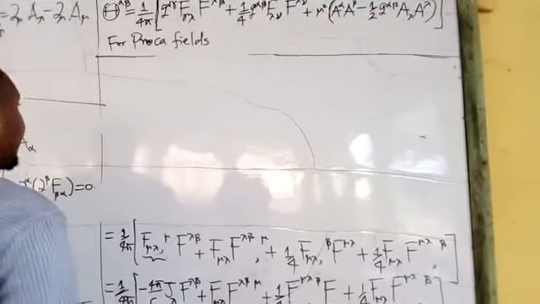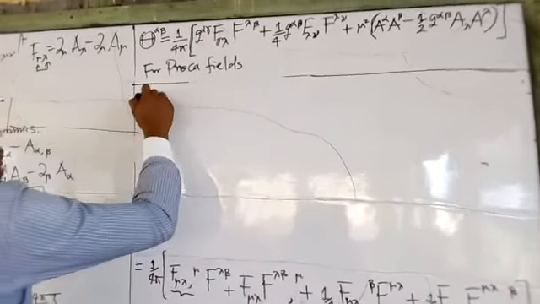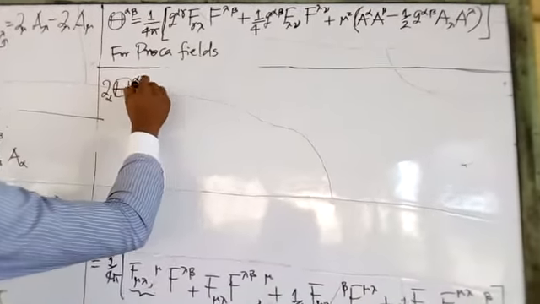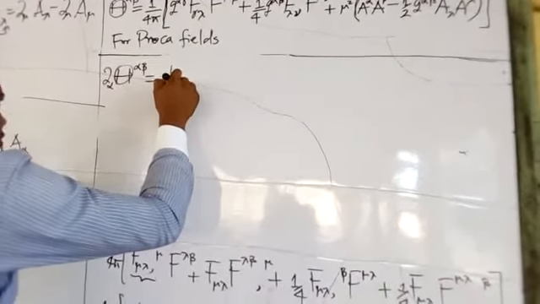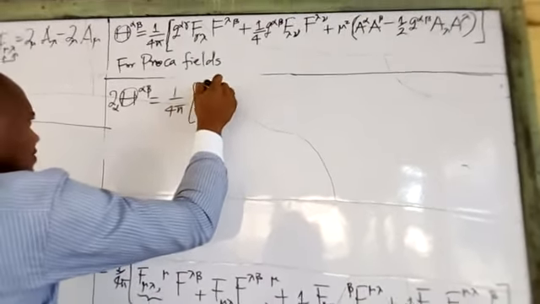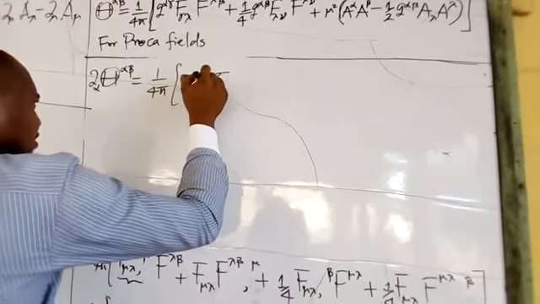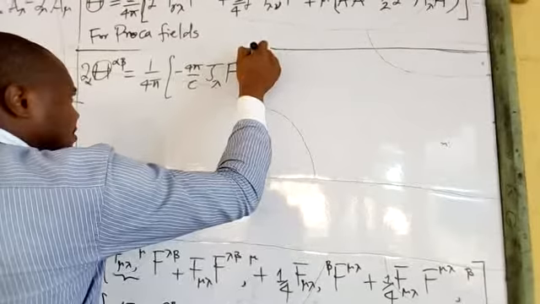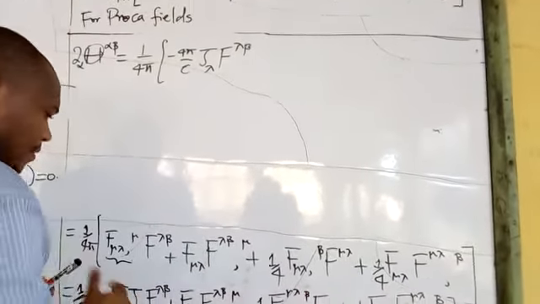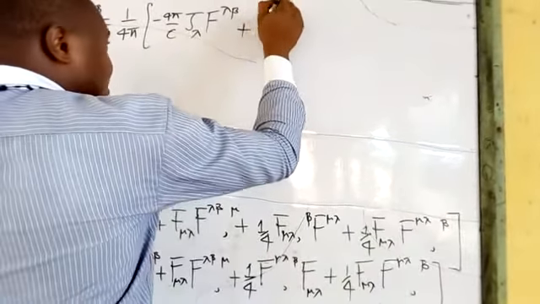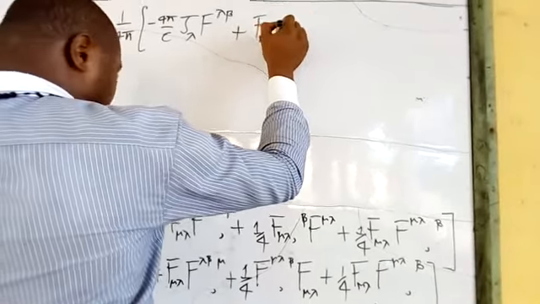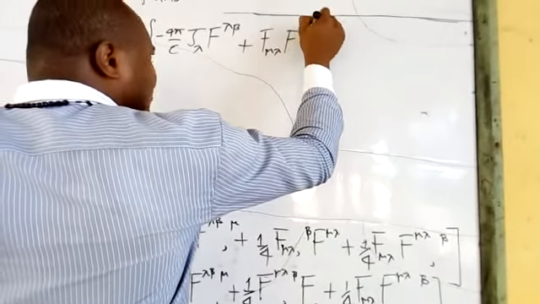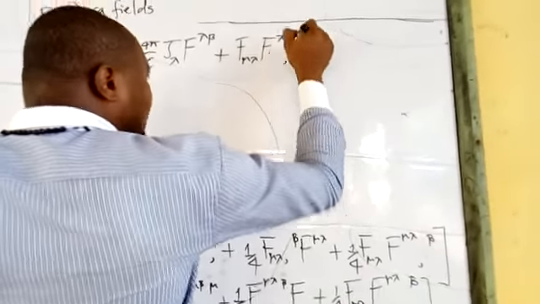Moving on, we have that the alpha of this energy momentum tensor is some 1 over 4 pi minus some 4 pi all over c j here sub lambda F lambda beta. I have here also plus, this time here mu lambda F here lambda beta, but then comma mu.